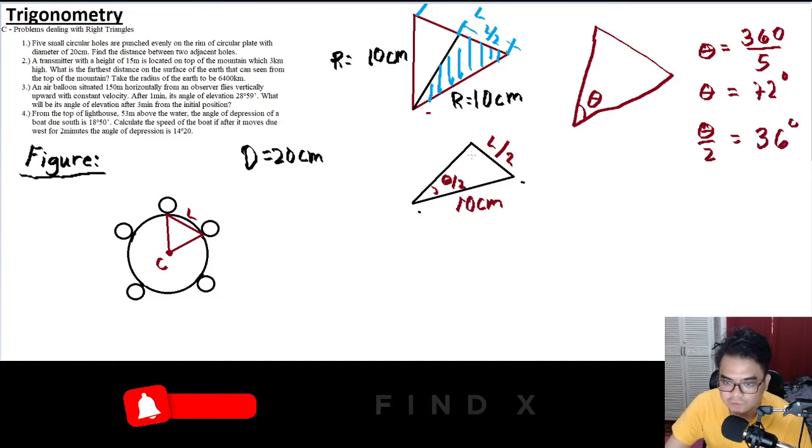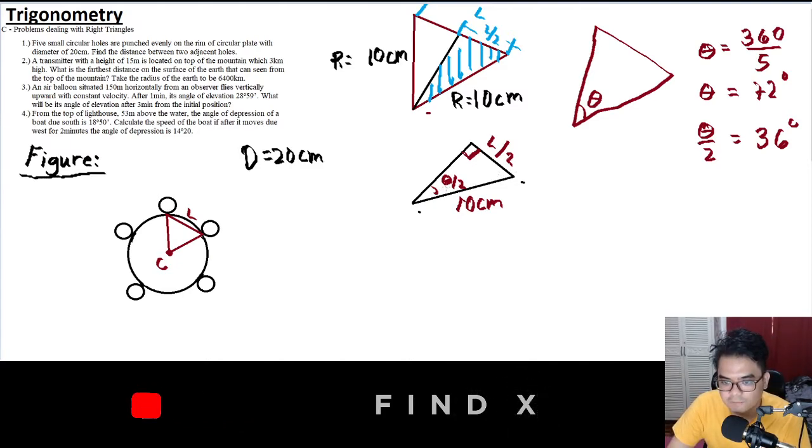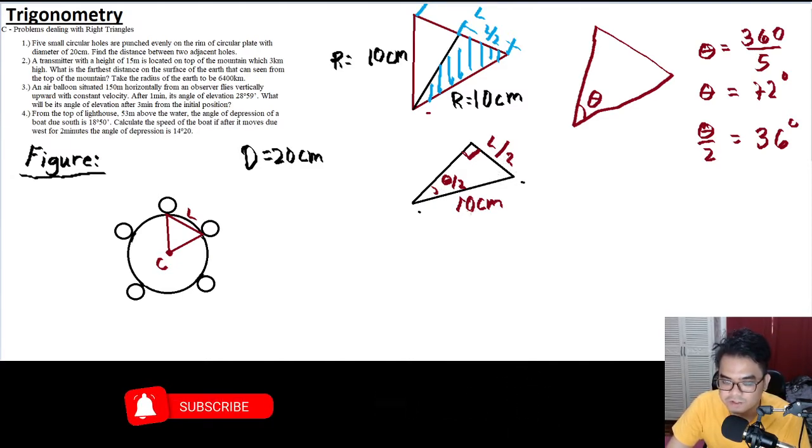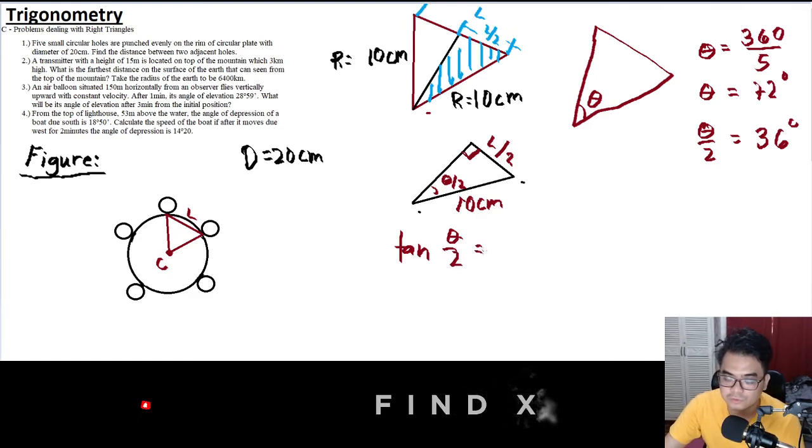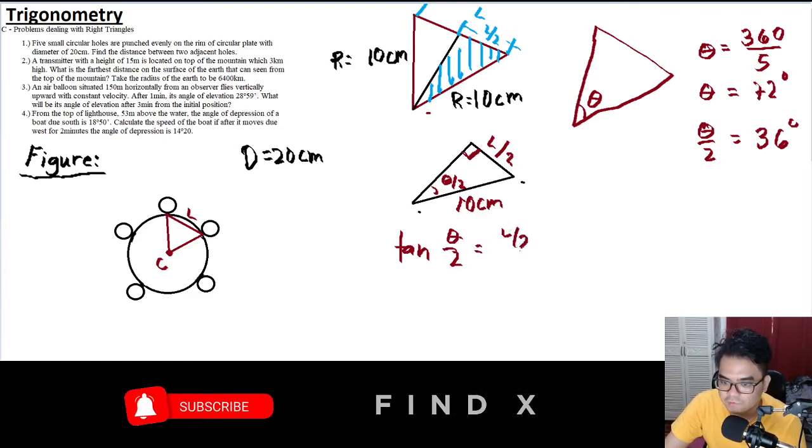So this is your right angle, and just use the relationship of that. You'll have opposite over adjacent, so that is tangent. Tangent of theta over 2 is equal to opposite, which is L over 2 over 10.